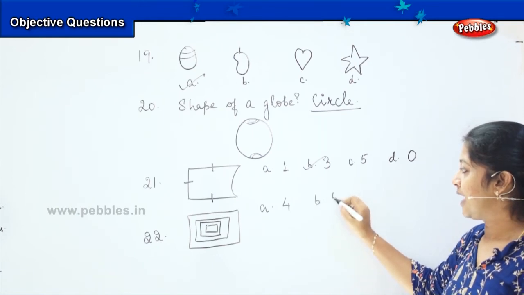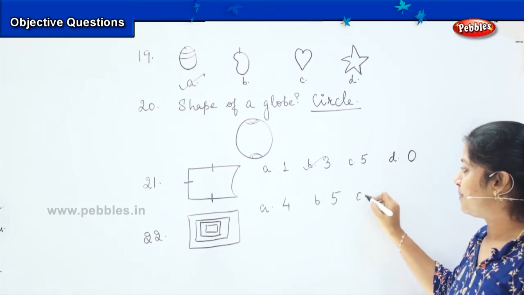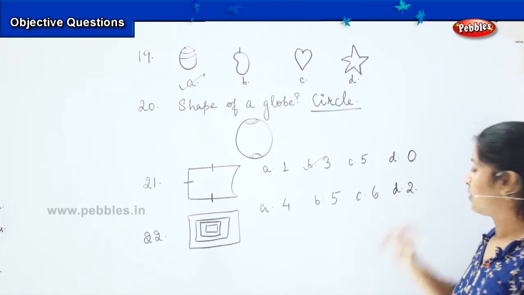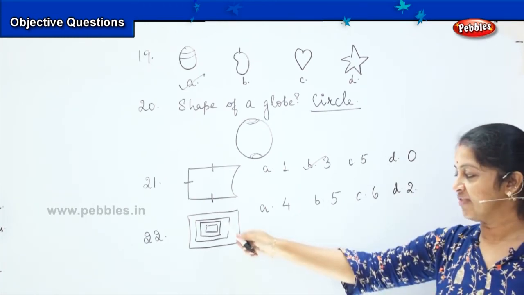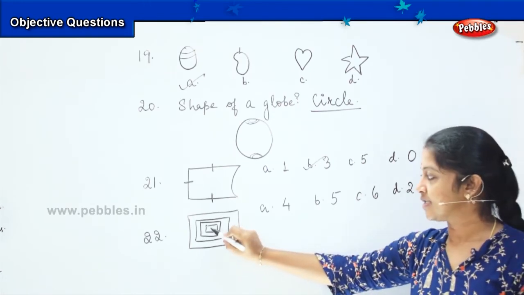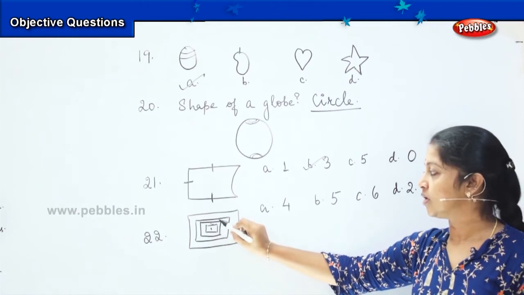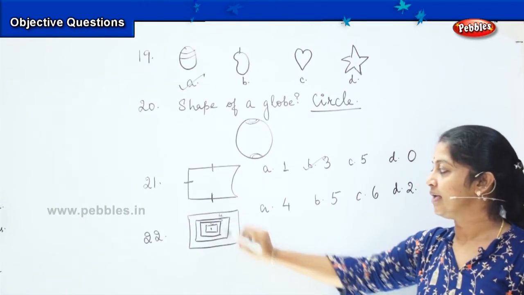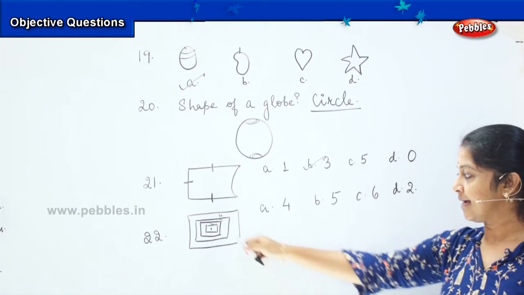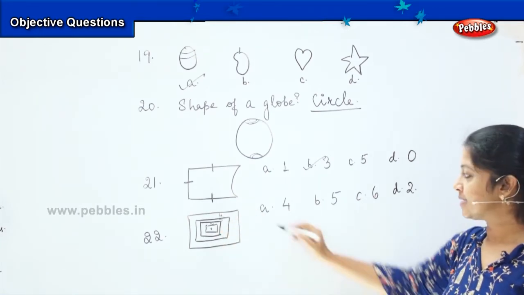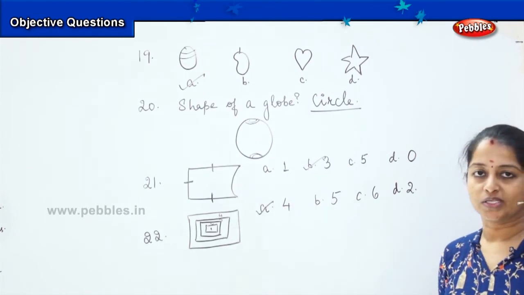Is it option A or option B or option C or the last option? Shall we count the number of rectangles? It's 1, 2, the third layer here, and the fourth level here. So how many rectangles are there? 1, 2, 3, and 4. So your right answer is option A, which is 4.